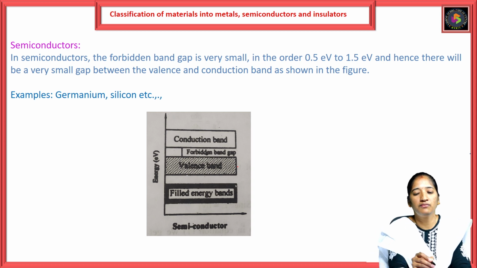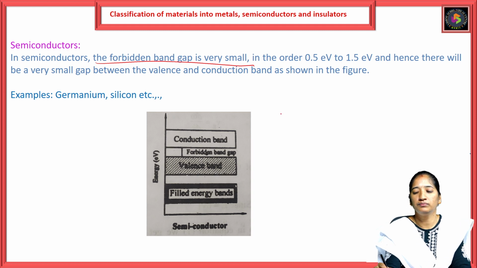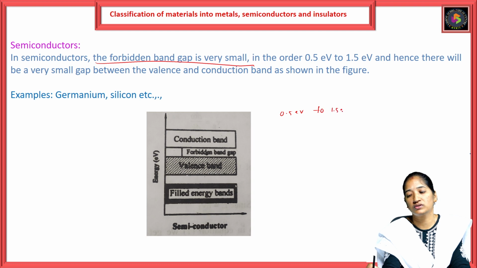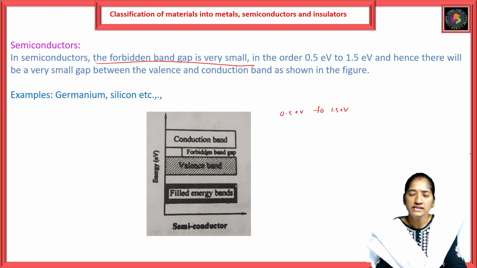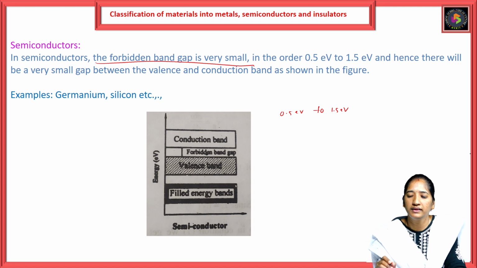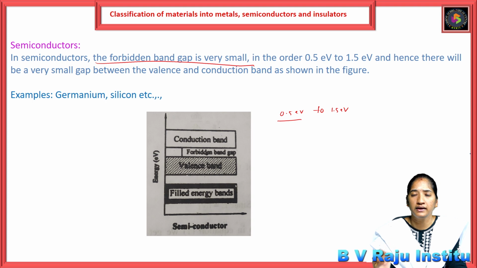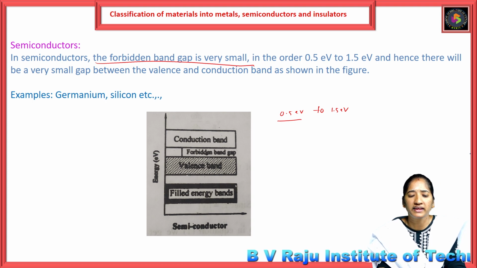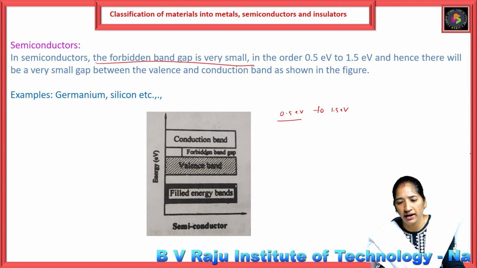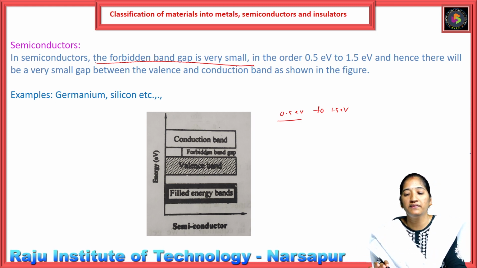In a semiconductor, the forbidden band gap is very small, about 0.5 electron volts to 1.5 electron volts. Hence there will be a very small gap between the valency band and the conduction band.